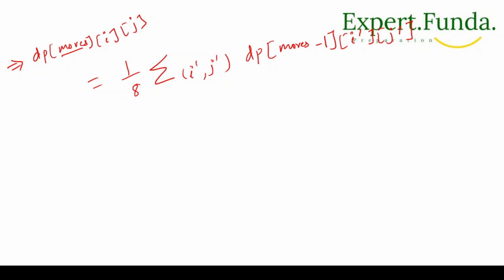We iterate j from 0 to n minus 1 over the columns, and will iterate over the possible directions. We will calculate i dash and j dash, check the range 0 to n minus 1, and within that range we will add 1 by 8 of dp moves minus 1 i dash j dash to dp of i and j.